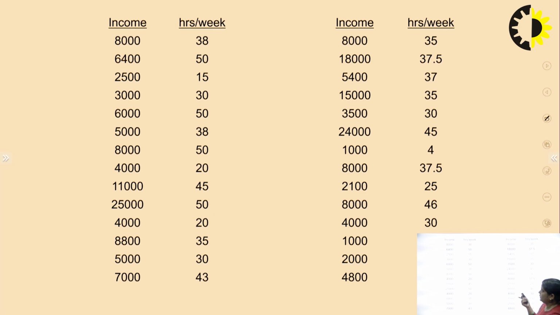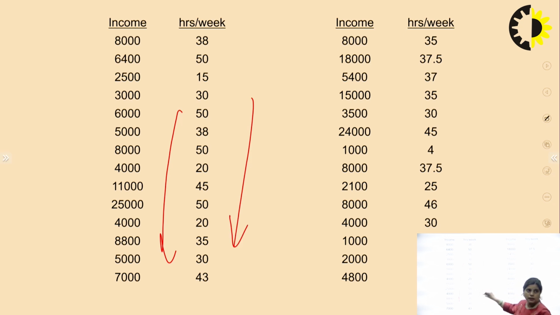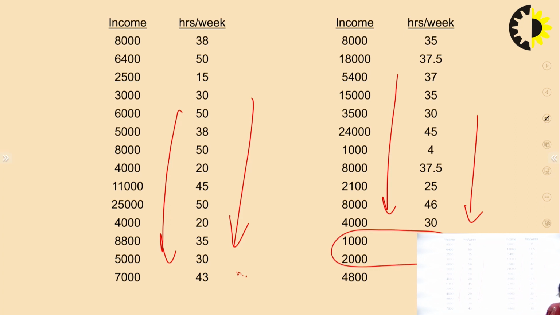Here some data is given, just like here this is income, and this is the work hours per week, how much the person is working per week. Based on that particular independent variable, how much its income, that is the dependent variable, is going to be influenced. This is also the same, but here what we can see is that in this particular data the hours per week is the same, but the income is going to fluctuate or vary.